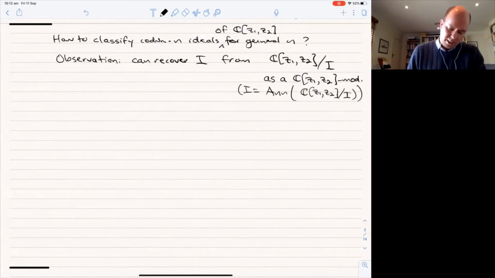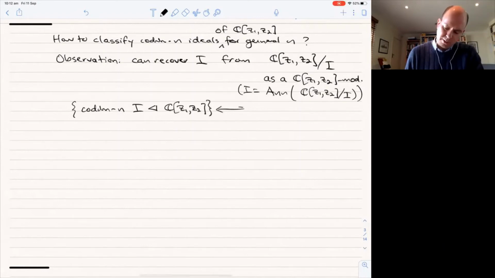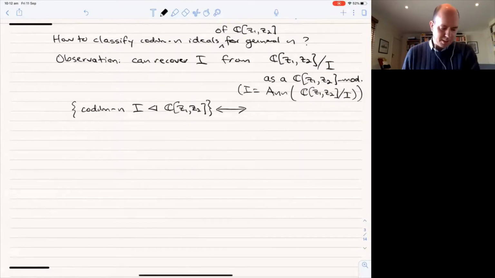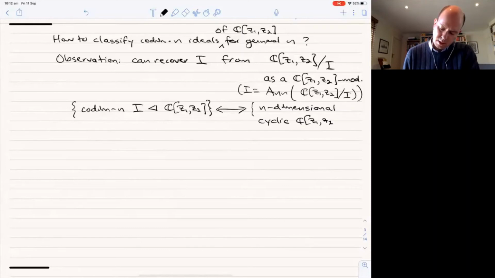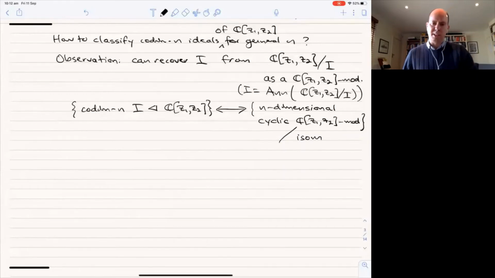What that means is that the set of codimension-n ideals in this algebra is isomorphic to the set of isomorphism classes of n-dimensional cyclic modules for this algebra, up to isomorphism as modules over C, Z1, Z2.